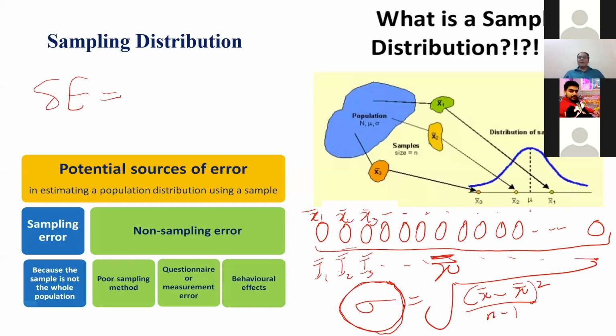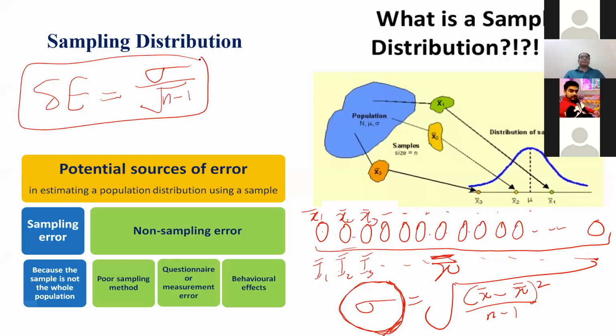But the problem is that we never have the facility to draw different samples from the population and calculate the standard deviation. So we have an approximation formula. This formula says the sample standard deviation of one sample divided by the square root of n, this is called standard error.